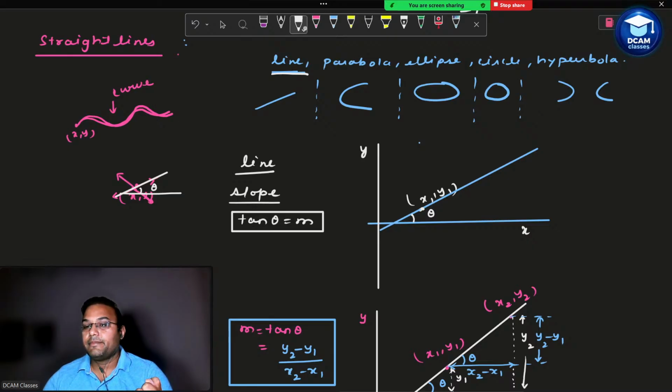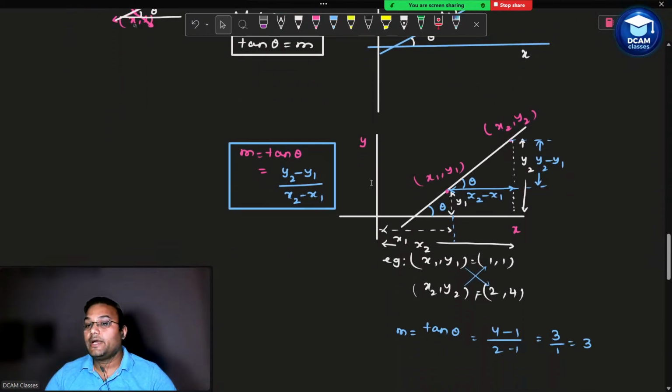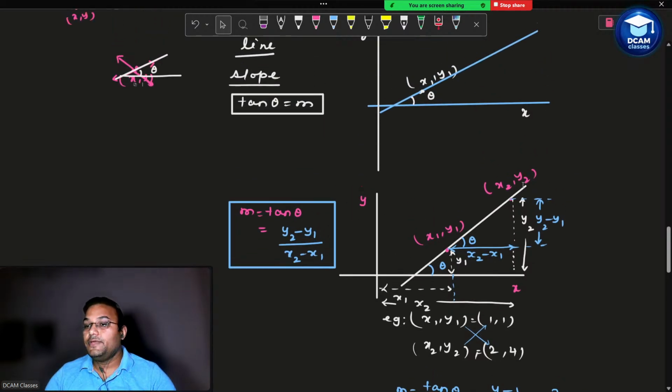Tan theta is m. So, what is the slope of a line? Slope is the tangent of the angle which the line makes with the x-axis. Yes, sir. Correct?